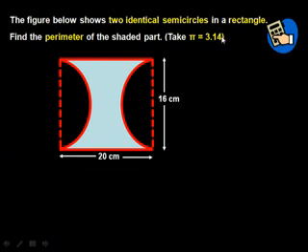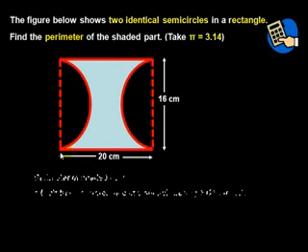Pi is 3.14. To solve this question, we must first outline where the perimeter is. To find the perimeter, we need to find the circumference of half of this semicircle, the length of the rectangle, plus another circumference of half of a semicircle and another length of the rectangle.